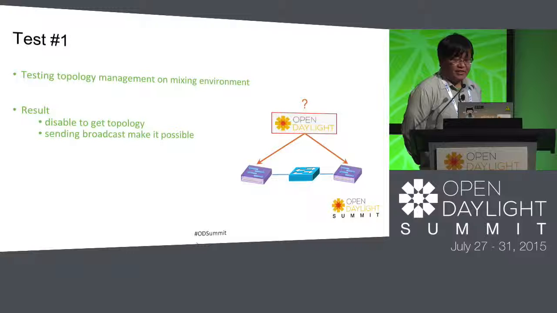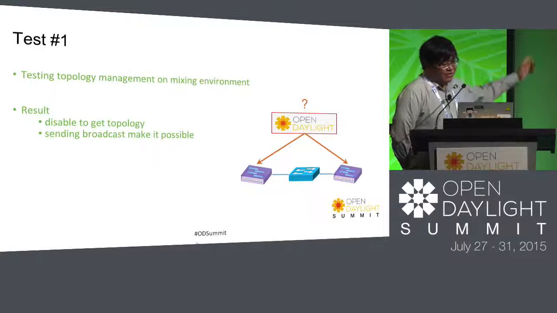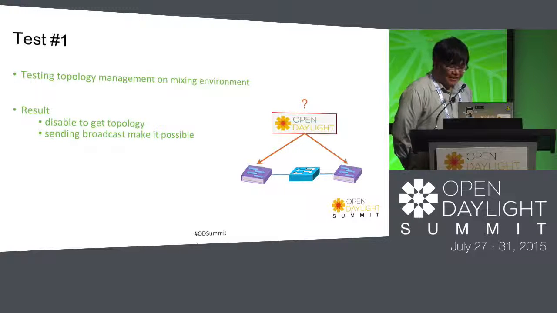In the following testings, we use OpenDaylight version Lithium in virtual and physical network environments. This is the first testing. Can OpenDaylight get topology from OpenFlow switches if there is an L2 switch between two OpenFlow switches?